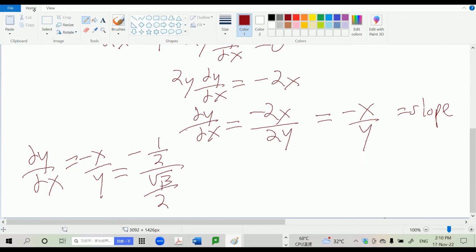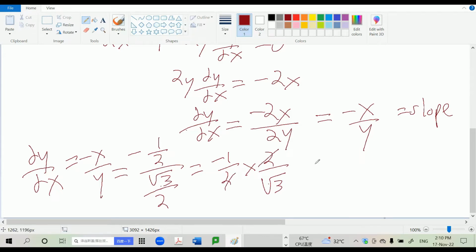Okay, so yeah, anyway, so it's the square root of 3 over 2. And then that's the same thing as then what? That would be the same thing as negative 1/2, right? Times 2 over the square root of 3, correct?